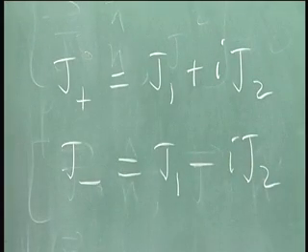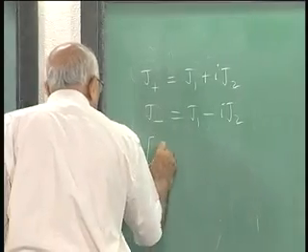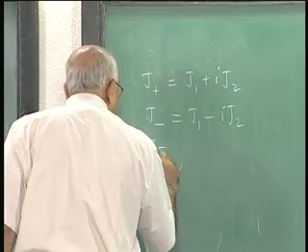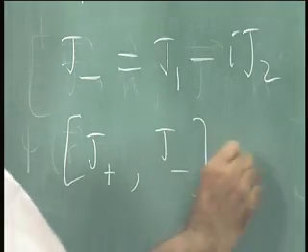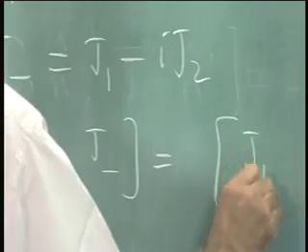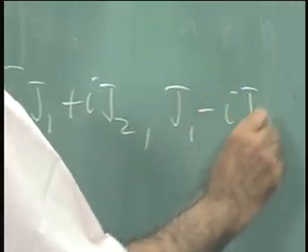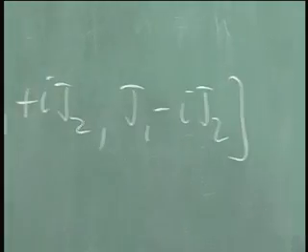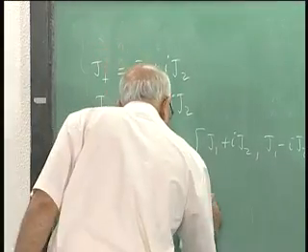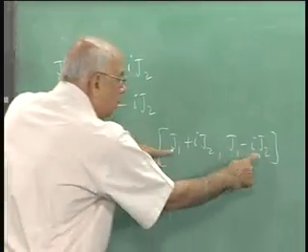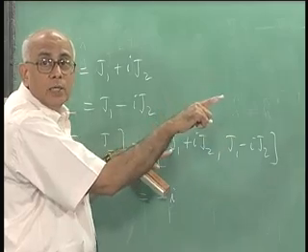Then the commutator of J plus with J minus equals J1 plus iJ2, J1 minus iJ2, and what does this work out to? Well, it is equal to minus i J1 with J2, but that is iħ J3.